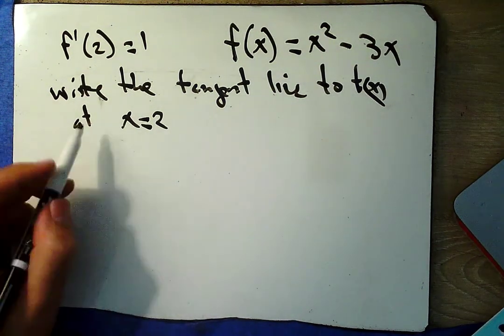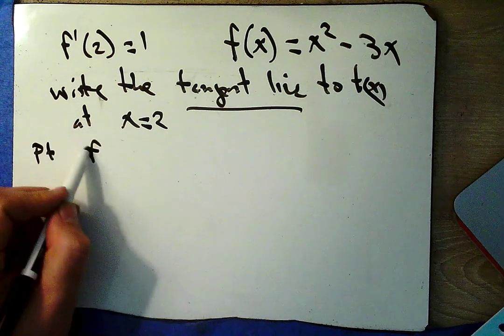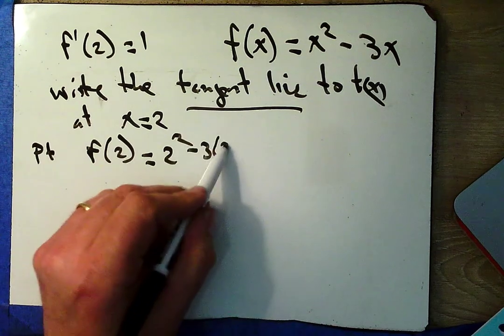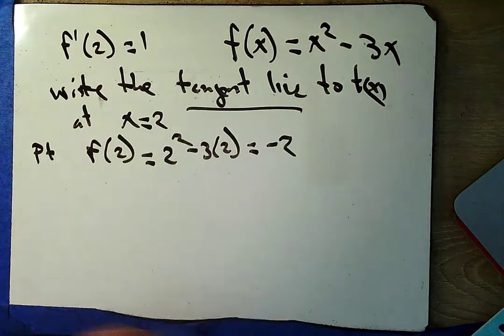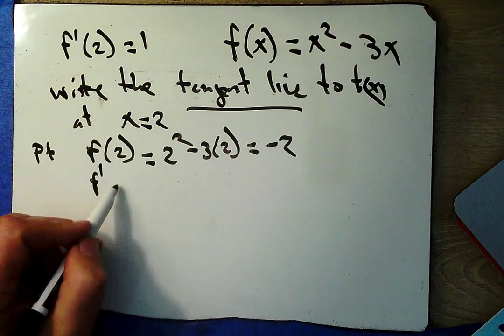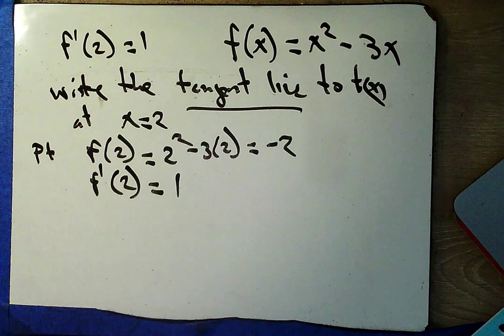Okay, so in order to write a tangent line, I need a point, and that's going to be f of 2. So that's 2 squared minus 3 times 2, or negative 2. 4 minus 6 is negative 2. I also need a slope, which we found using our limit definitions of the derivative.